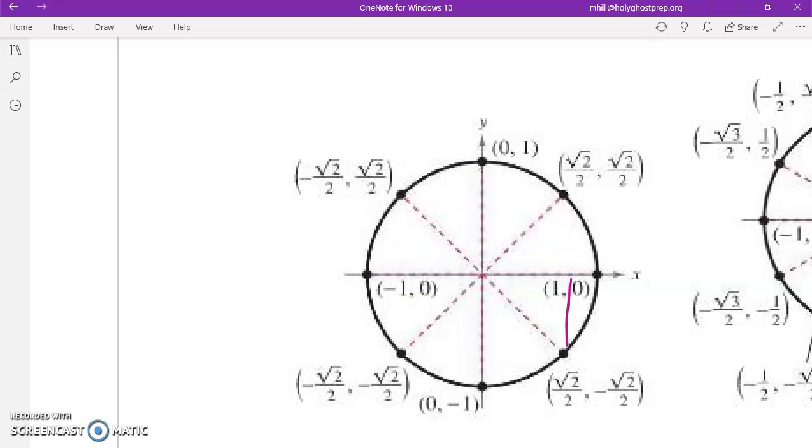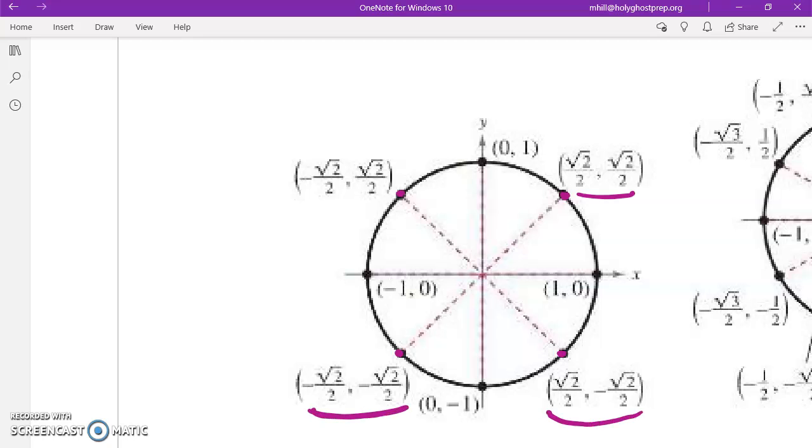So why does this matter? Because it helps us to find the coordinates of the points here on our unit circle. They are just the reflection of this original coordinate for pi over 4, because it was a 45-45-90 triangle. So all of these are just the reflections of root 2 over 2, root 2 over 2. So in quadrant 3 down here, both our x and y's are negative.